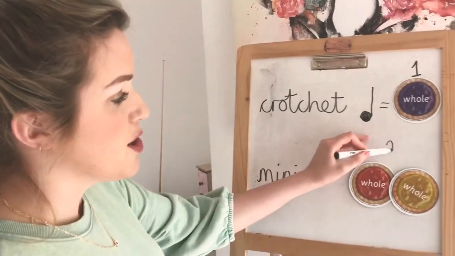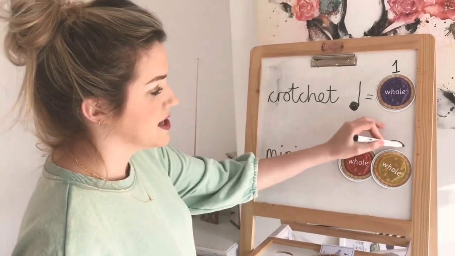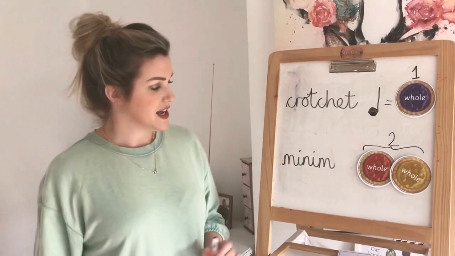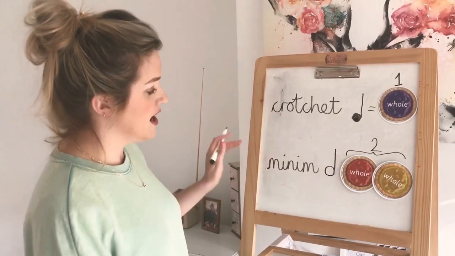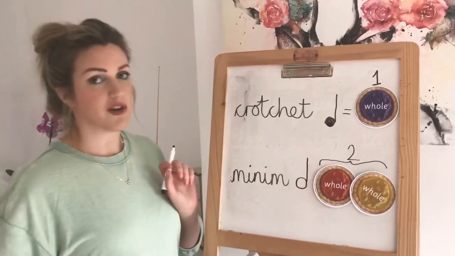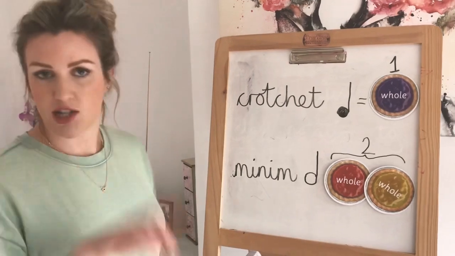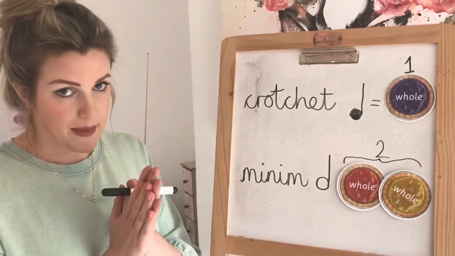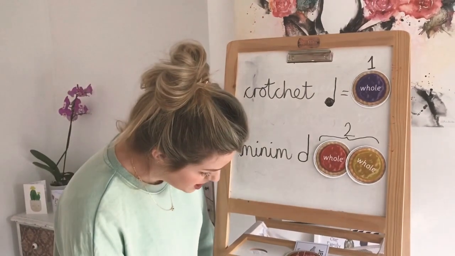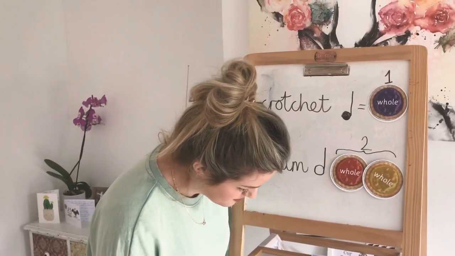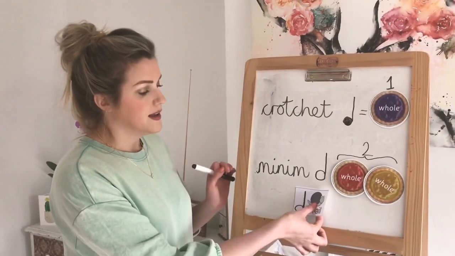A minim is worth 2 beats. We draw that just like a crotchet, except we don't colour it in. That tells us that it's not 1 crotchet, it's not 1 beat, it's 2. And we use a snail.